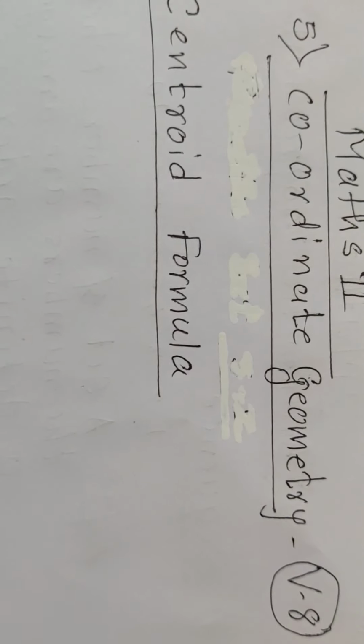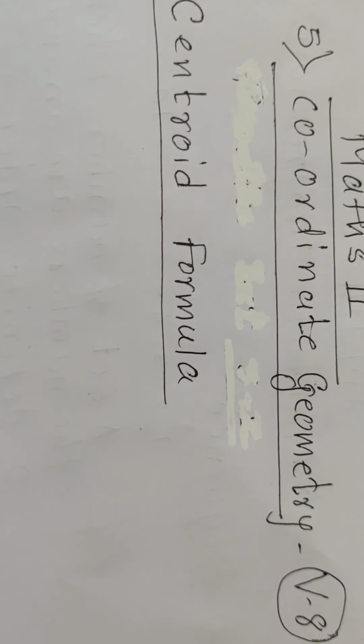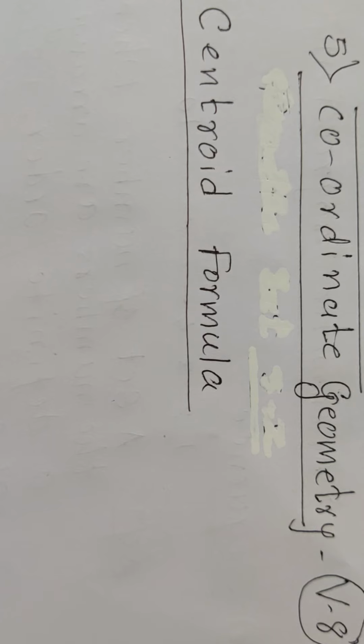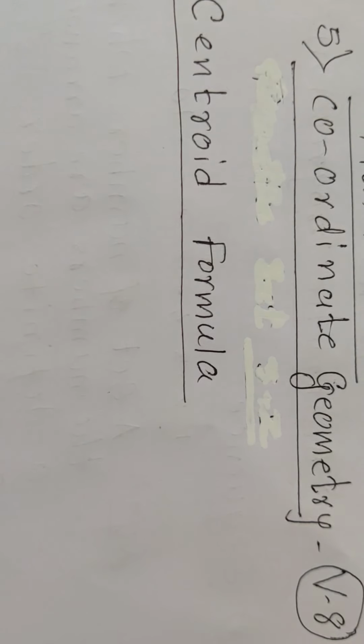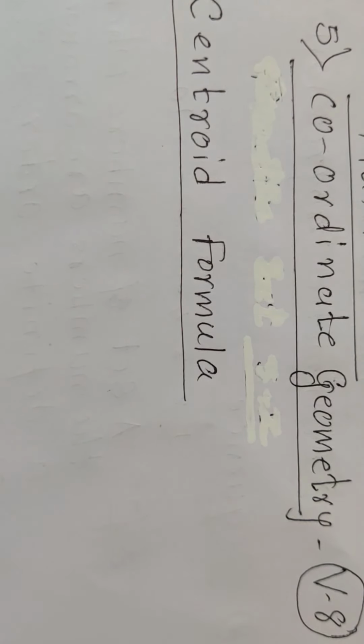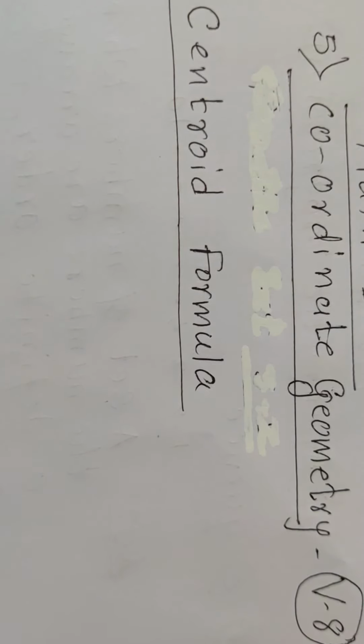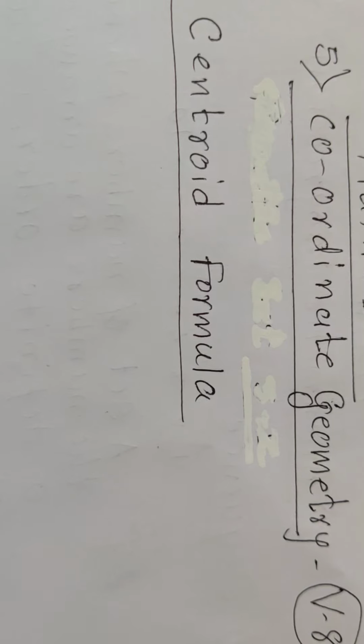In the first part of this lesson we completed the distance formula and the examples related to it. In the previous video I explained two more formulae, the section formula and the midpoint formula, and today we will see the third formula related to the division of a segment, that is the centroid formula.